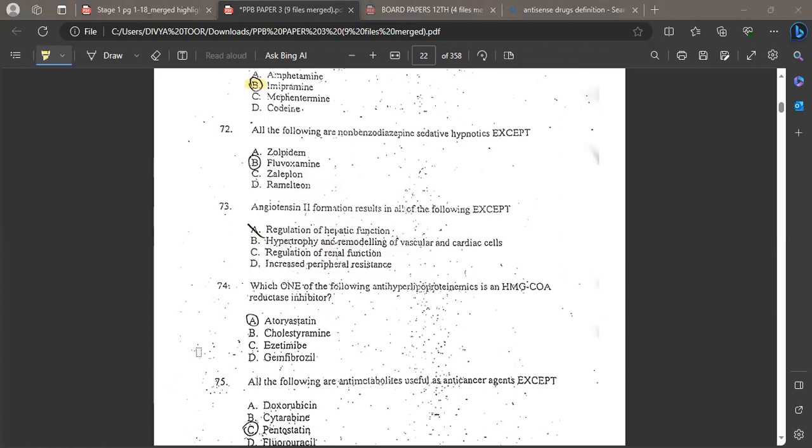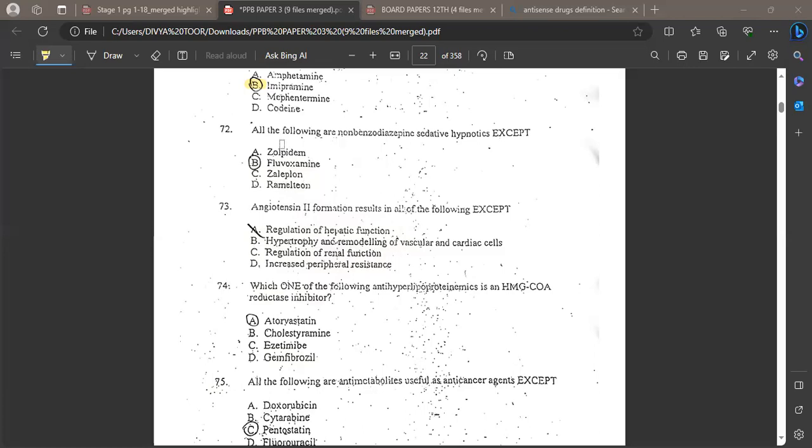All the following are non-benzodiazepine sedative hypnotics except... The non-benzodiazepine sedative hypnotics are zolpidem, zaleplon, zopiclone, and eszopiclone.